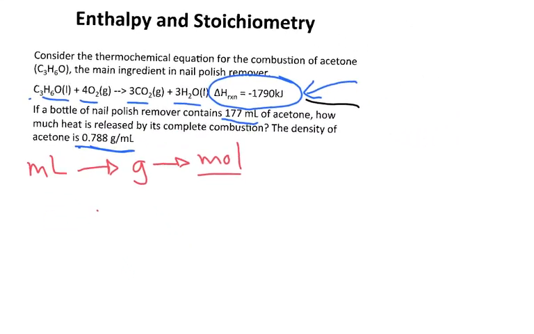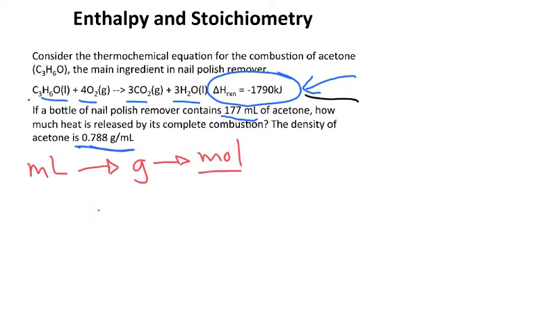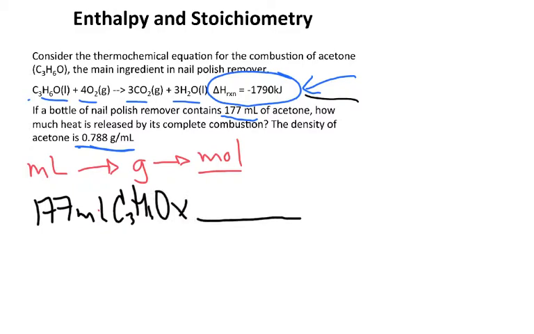All right, so let's solve this problem. So we have 177 milliliters of acetone. For every 1 milliliter, there's 0.788 grams.